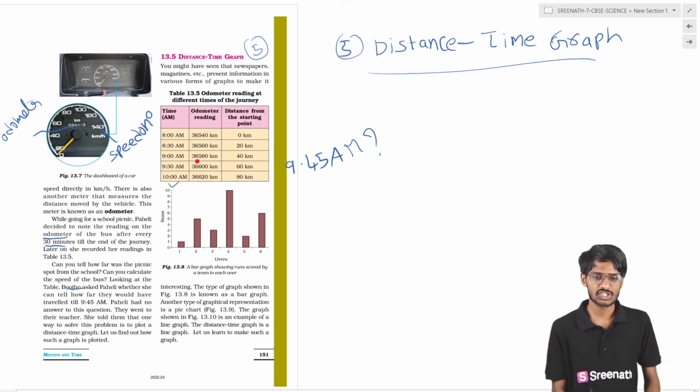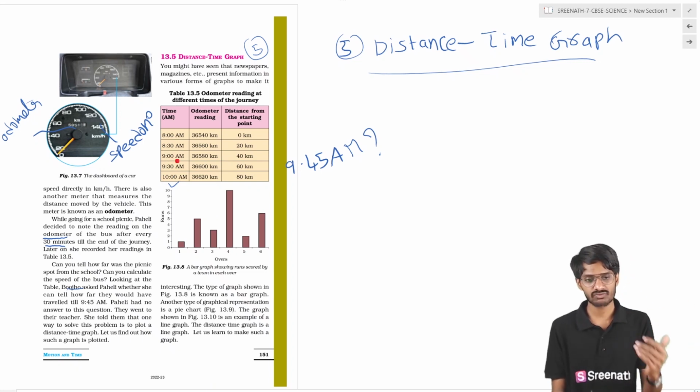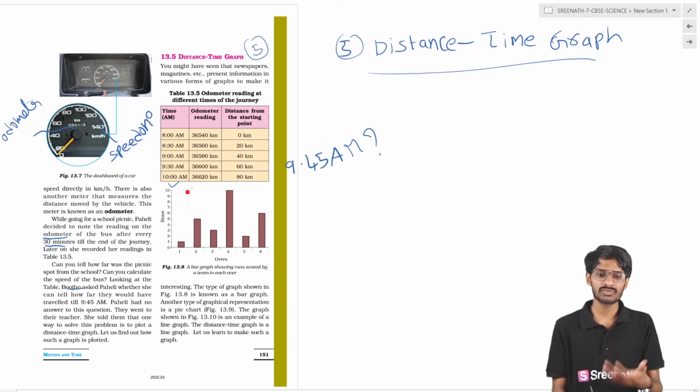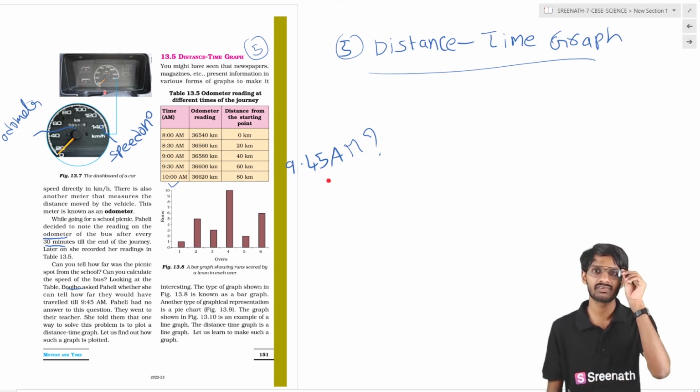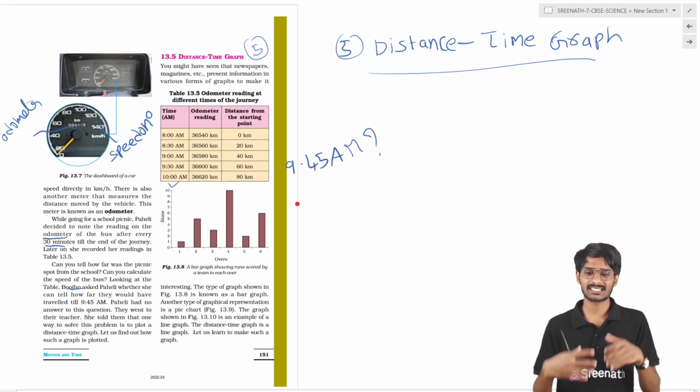Because from this table of values, she can tell the distance when the time is 9:30, 10 a.m., or 9 a.m., but from the table she can't predict the distance when the time is 9:45 a.m.